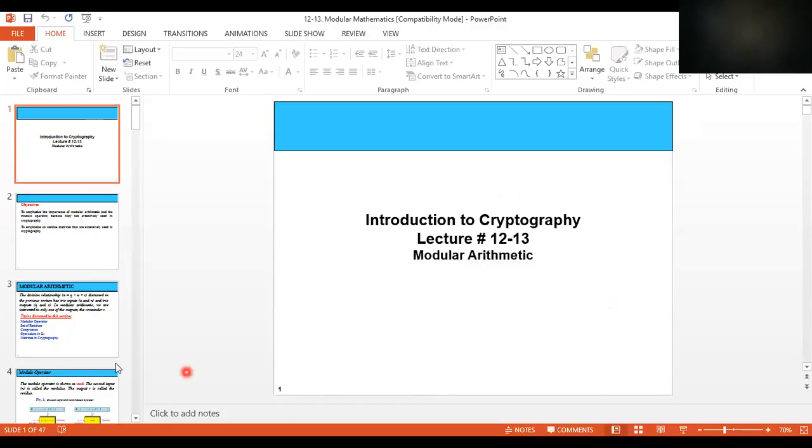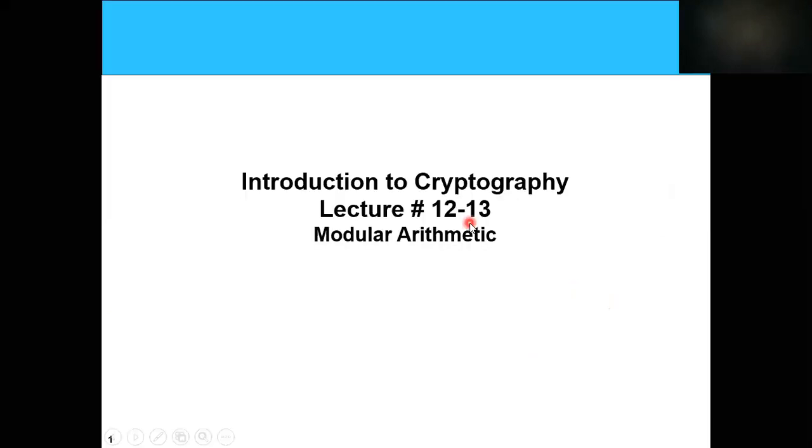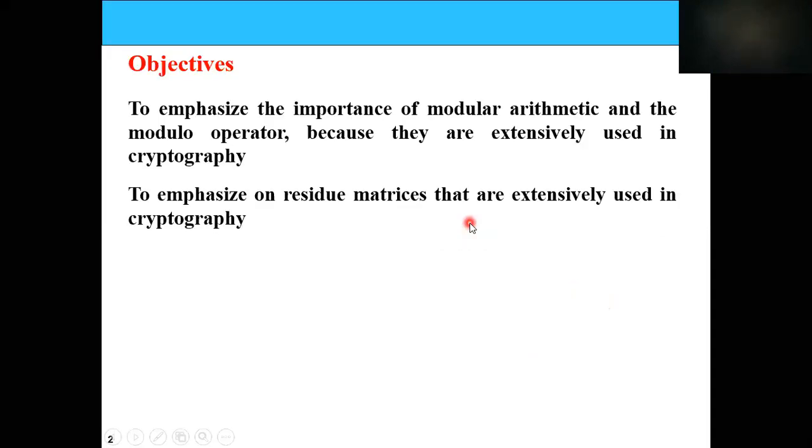So let me do it. First, our objective is to emphasize the importance of modular arithmetic and the modular operator, because as I told you in my first slide, it plays a quite important role in cryptography.